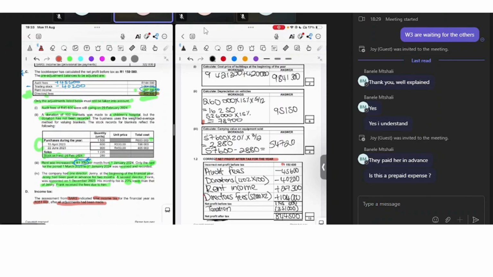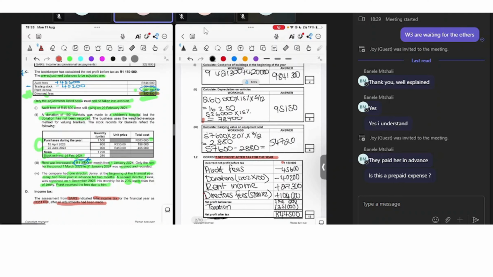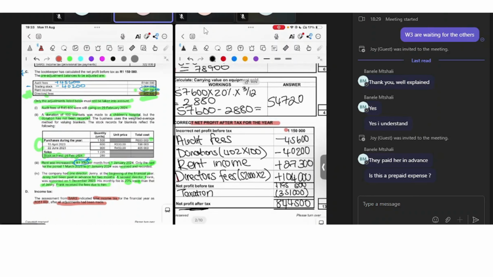So, in the simplest terms, if they didn't give us the taxation of 351,000, we would have calculated this 1,195,500 with times 100 over 115. That's what you're saying.